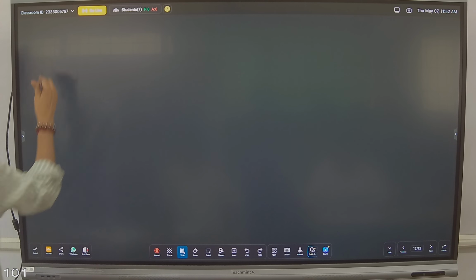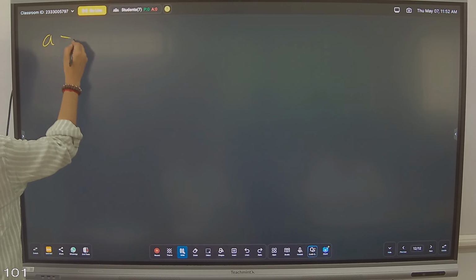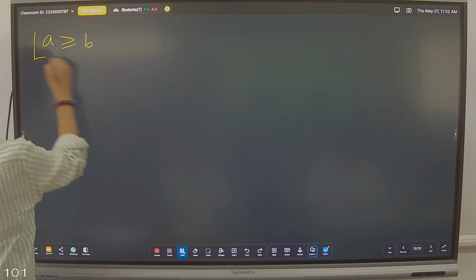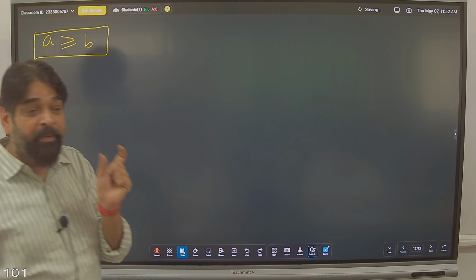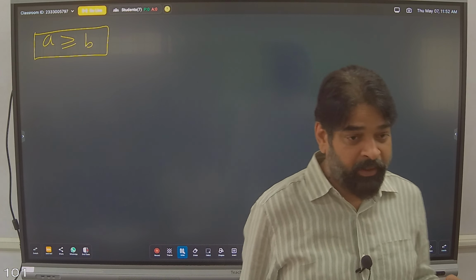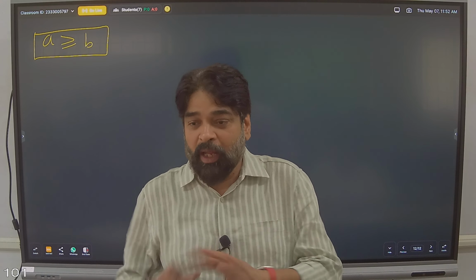First thing, if I say A greater than or equal to B, what does it mean? Can I speak like this: A greater than B and equal to B? No, it is 'or'. In mathematics, 'or' and 'and' have a very important role. You cannot swap them, otherwise the whole answer will change.